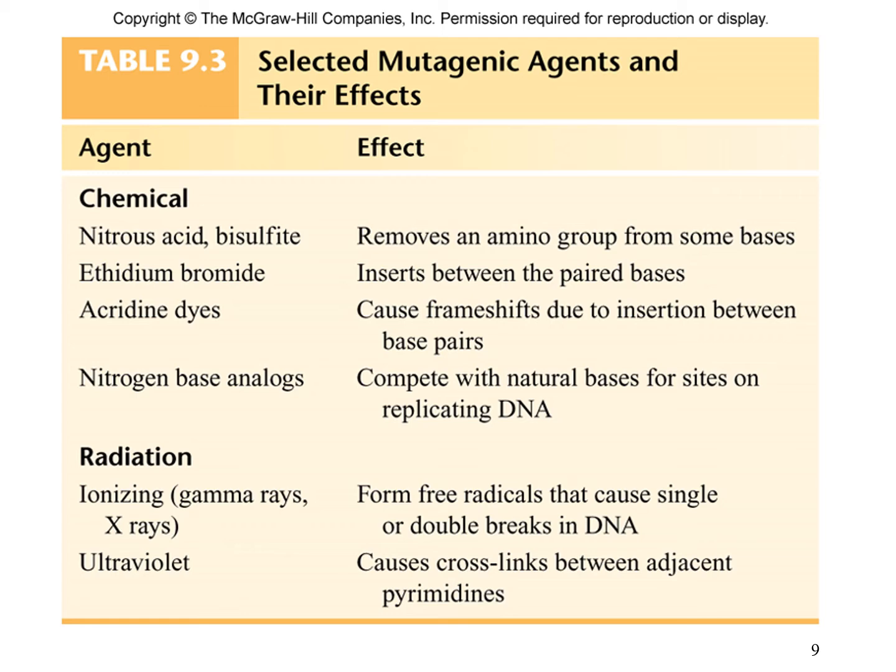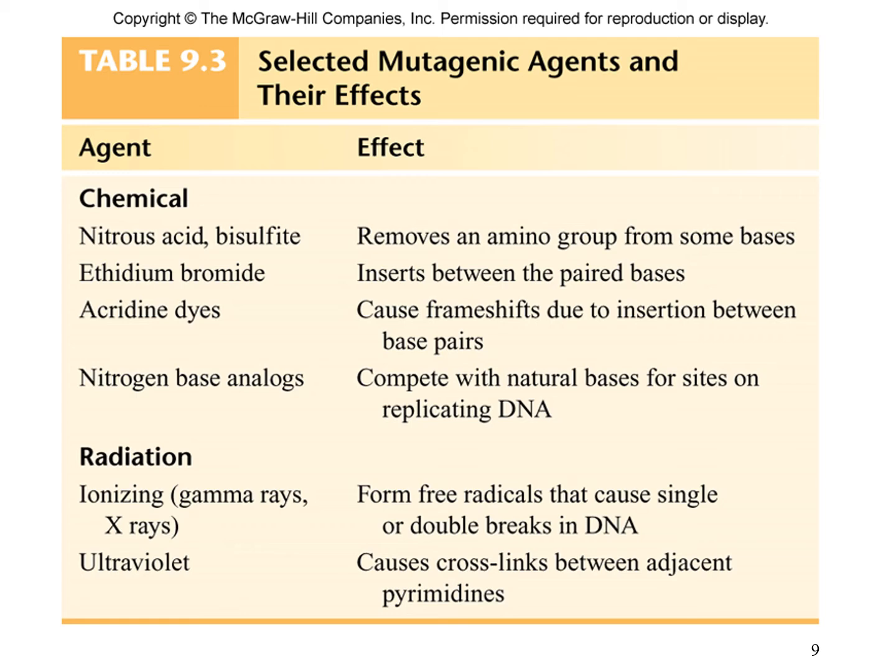Acridine dyes will cause frameshift due to insertion between the base pairs. Nitrogen base analogs will compete with the natural bases for sites on the replicating DNA. For the physical agents, radiation normally causes mutation.